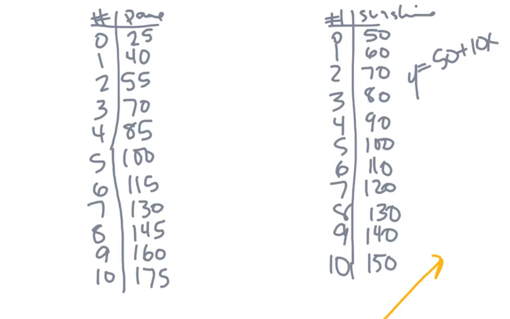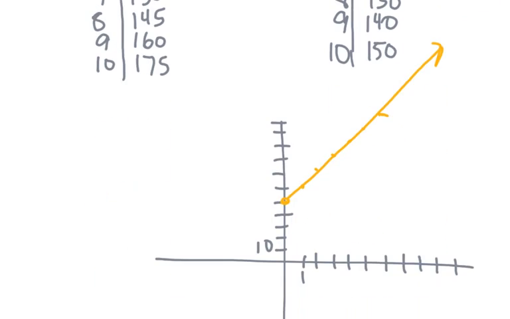Okay, and again we could graph that one as well, right? 0, 25, so about right there. And then it goes up by 15. About there. It looks something like that.